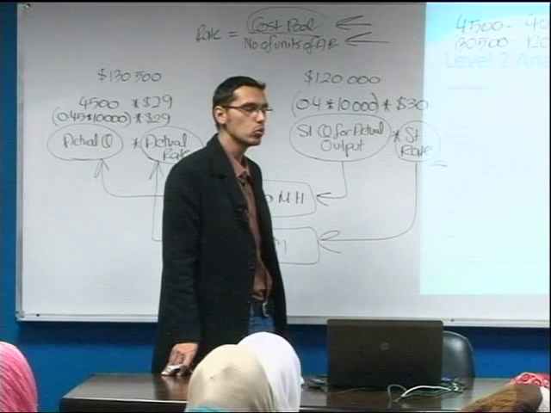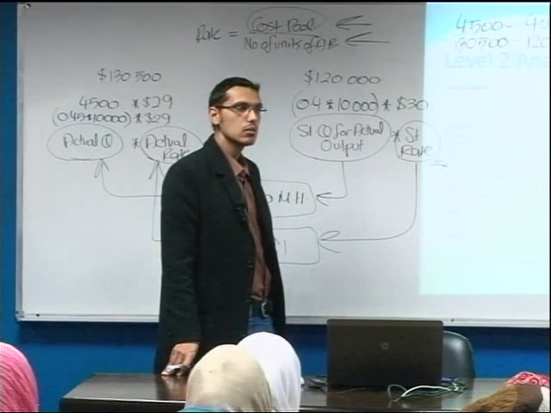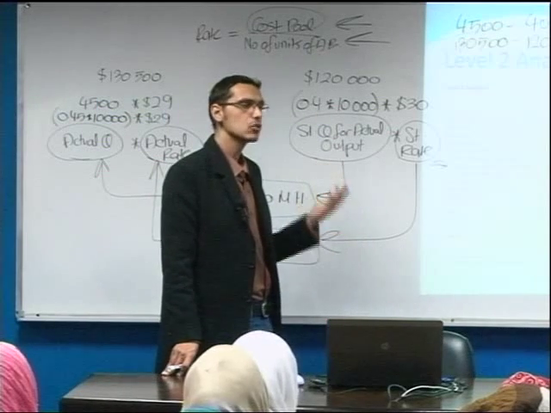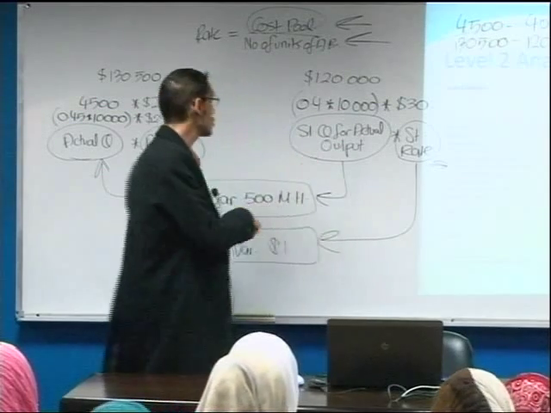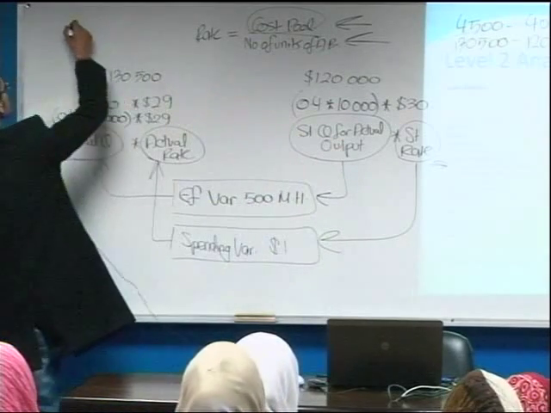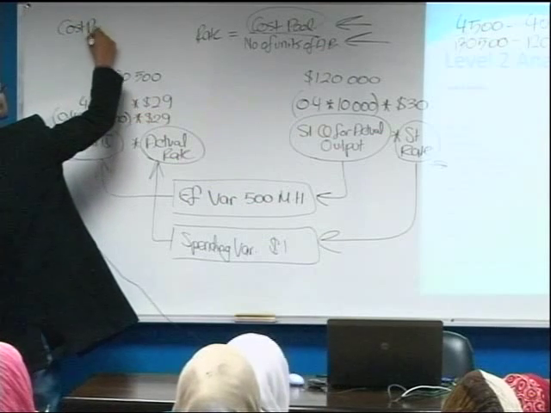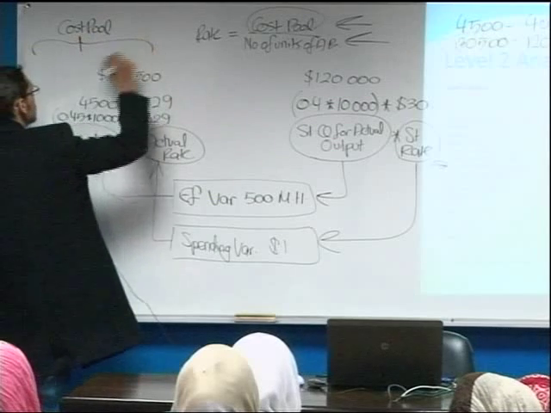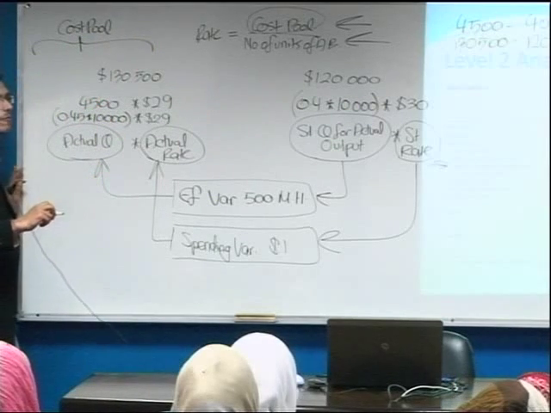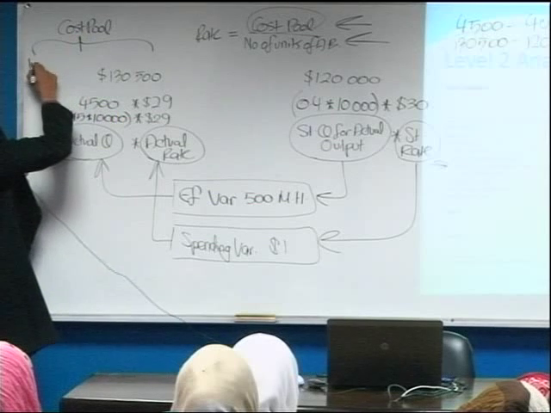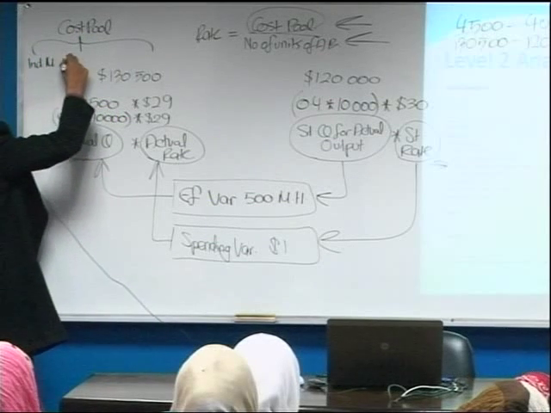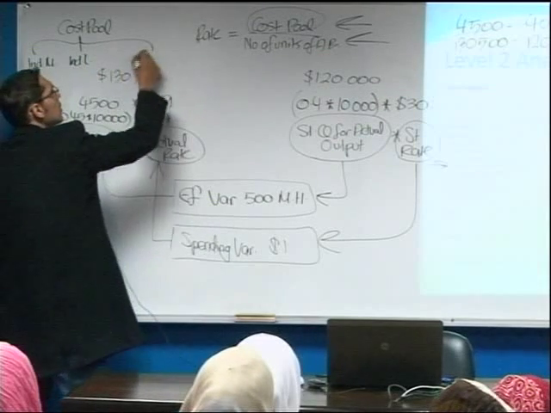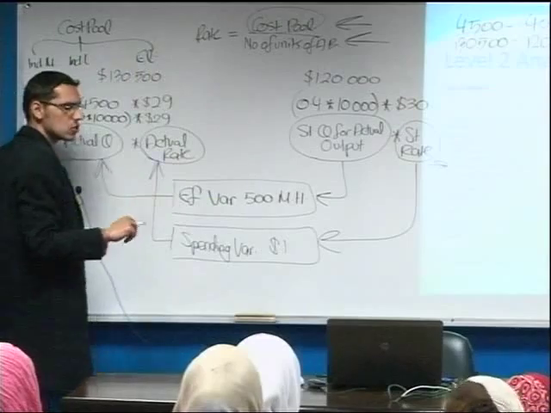But this is a cost pool, which means that we have different items of variable manufacturing overhead costs. For instance, this cost pool could consist of, let us say, indirect materials, indirect labor, electricity, and so on.